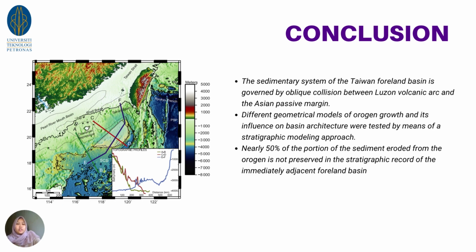So you can conclude that the different geometrical models of the orogen growth and their influence on the basin architecture were tested by means of the stratigraphic modeling approach just now, and nearly 50% of the sediment mostly eroded from the orogen is not preserved in the stratigraphic record of the immediate adjacent foreland basin.